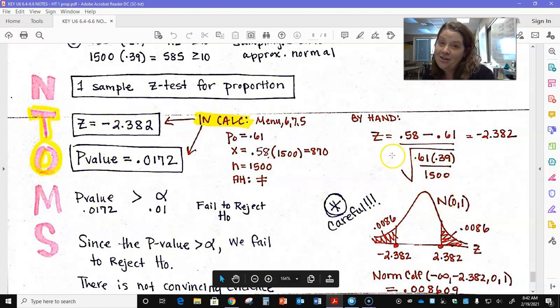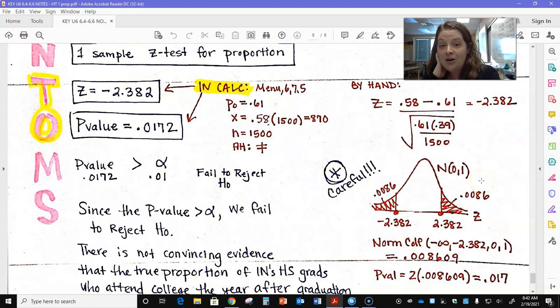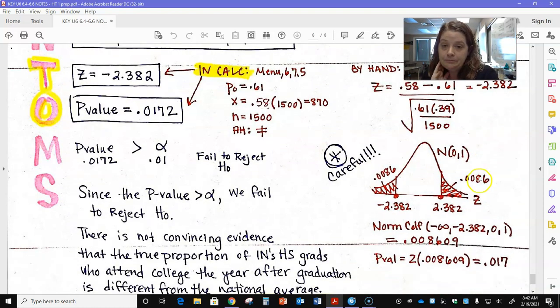Now, this is actually a nice one to do by hand because they give you the statistic as a percentage. So we're talking about 58% minus 61 divided by the standard deviation using the hypothesized value, not the p-hat value. Get the same Z-score, but you want to be really careful when you compute this distribution. So you're going to sketch a two-tailed test.